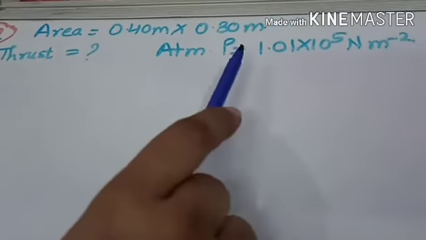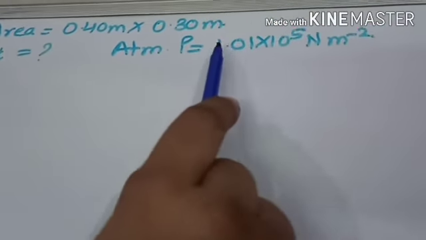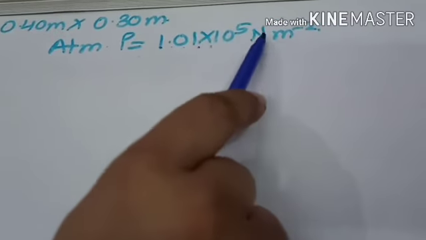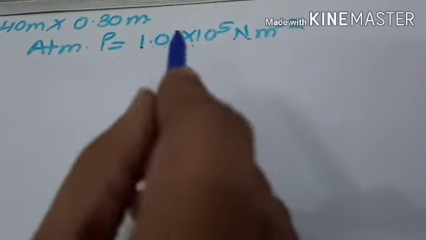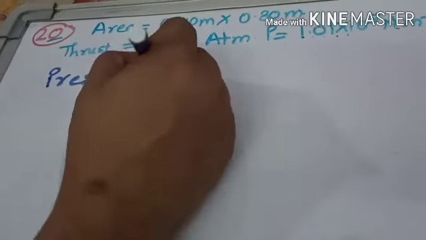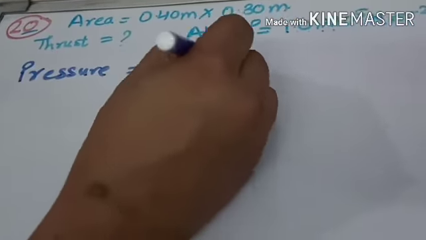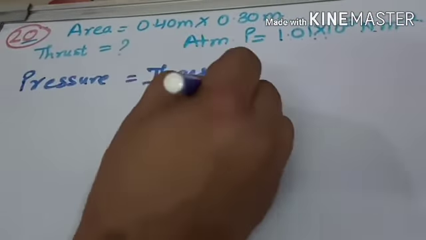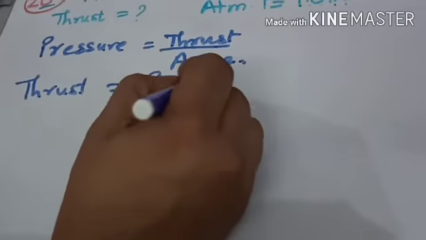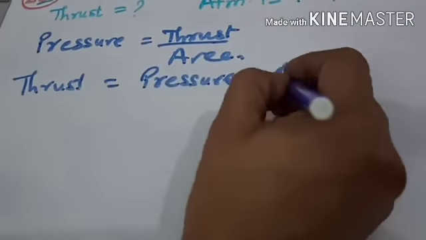The atmospheric pressure is given to you as 1.01 into 10 to the power 5 Newton per meter square. So we know the formula. Pressure is equal to thrust upon area. So thrust will be equal to pressure into area.